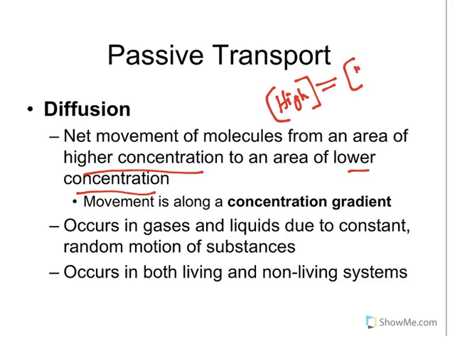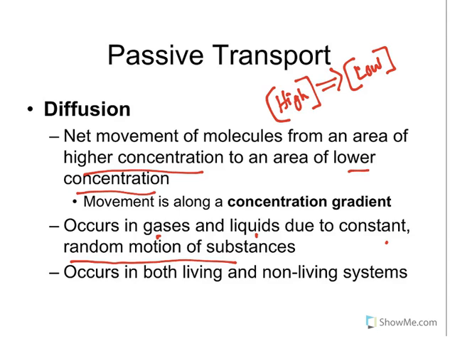We call this the concentration gradient, the way that it moves. It happens in gases and liquids. Solids obviously don't move, but gases and liquids keep this constant motion going.